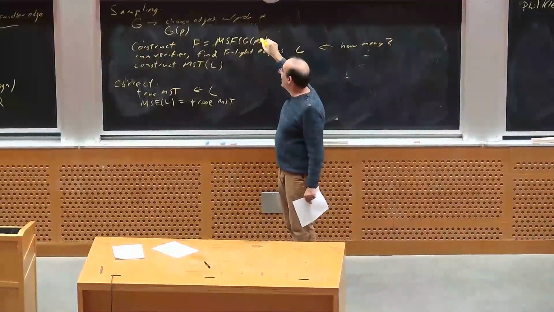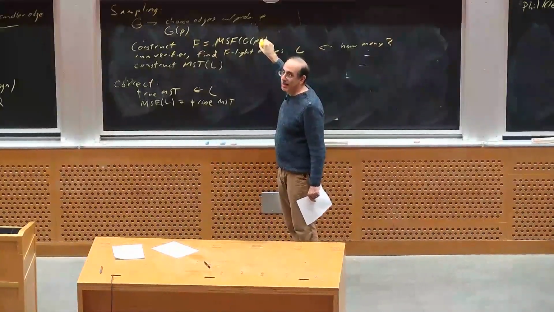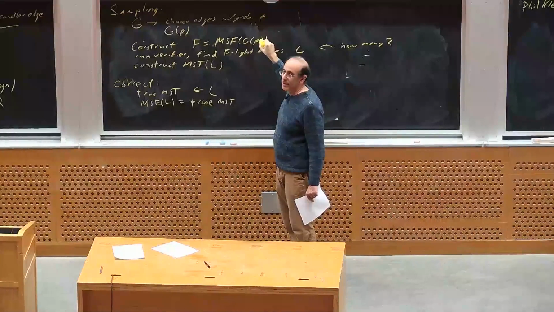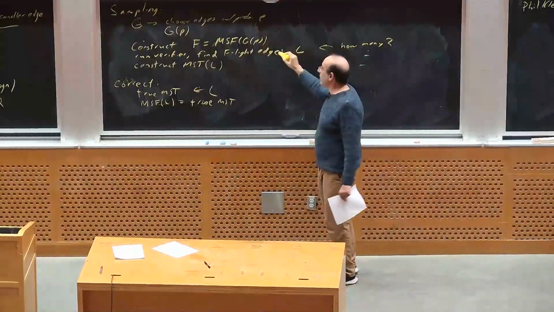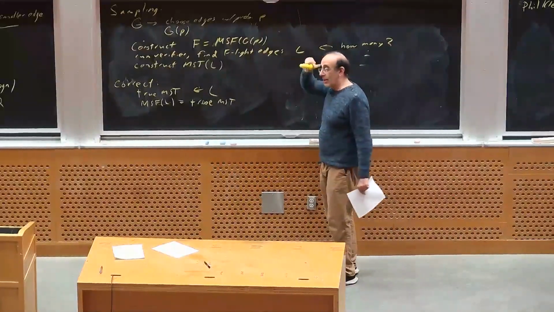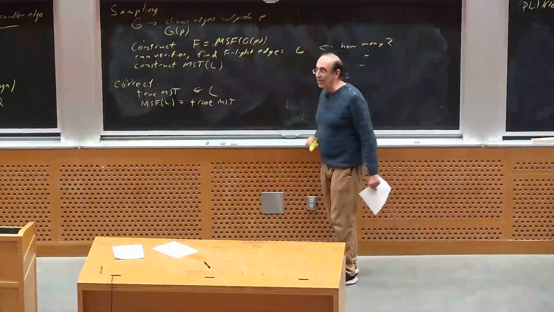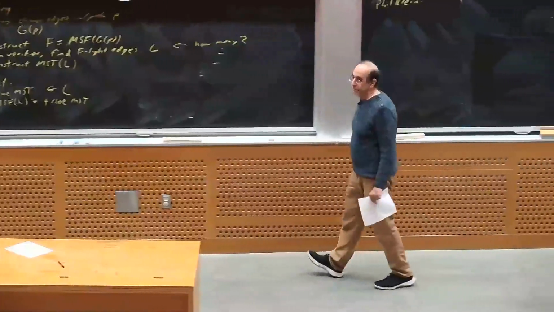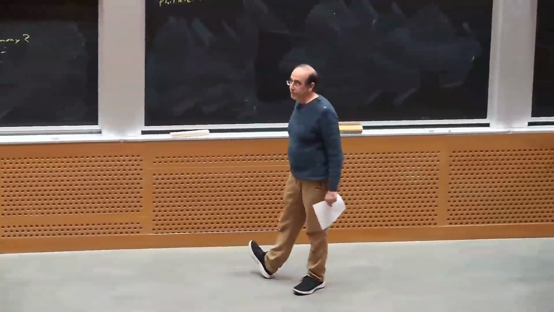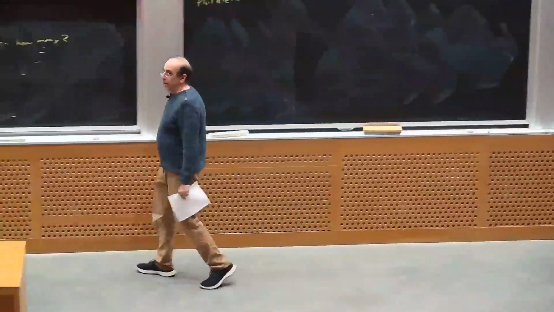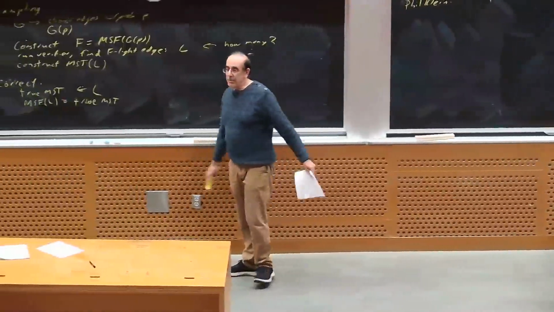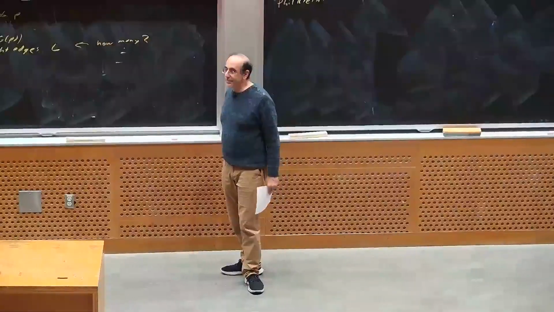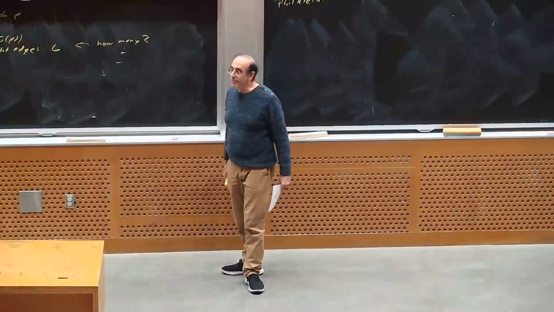So, for example, any minimum spanning tree edges that we did not sample are going to be light for this forest. So you are going to get a larger set of light edges. You are not going to have, in general, a tree of light edges. So you get some set of edges, and you know that the minimum spanning tree is in there somewhere, but it's still a minimum spanning tree problem. It's just on fewer edges, hopefully.